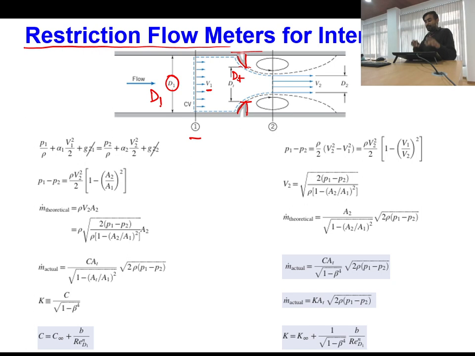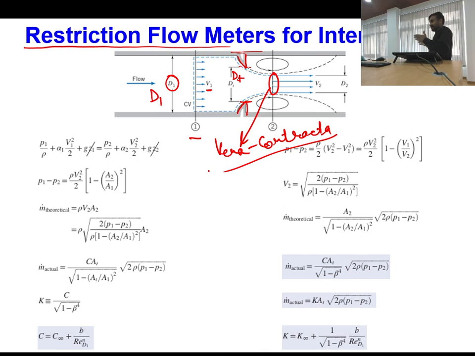Whenever the flow passes through this throat section, we experience convergence of the flow, but it does not have minimum area at this point. Rather, it has minimum area downstream of the throat, and this particular minimum area point is called the vena contracta.